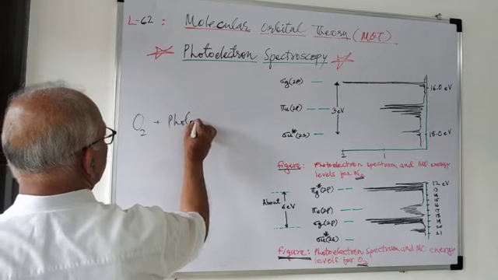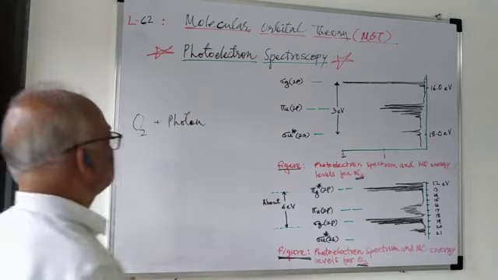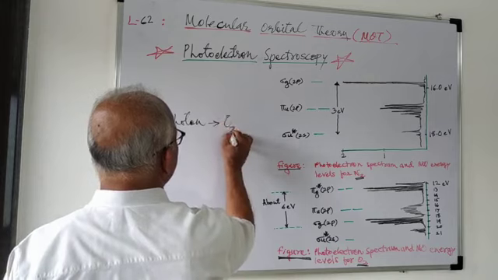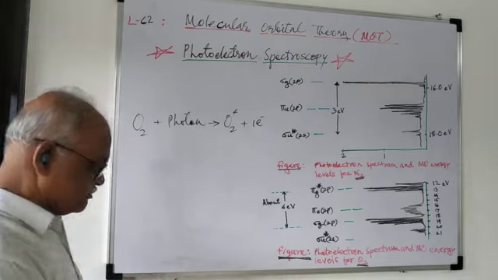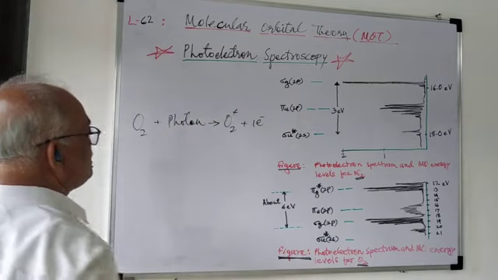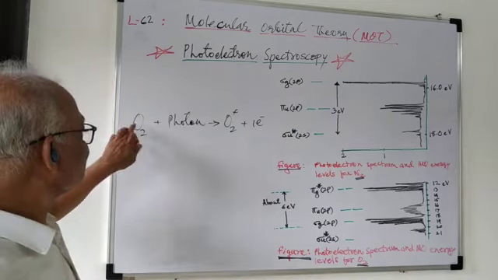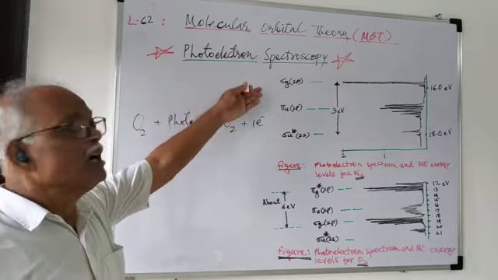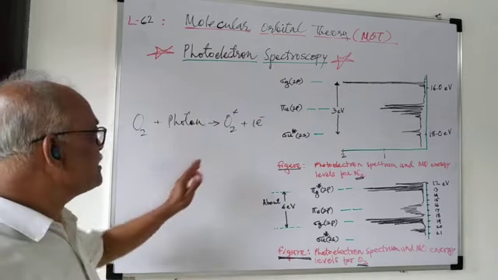interacted or irradiated with a photon of suitable energy, it gives us the O2 plus, that is the molecular ion, plus one electron removed. Here this photon has certain energy, and when it strikes this oxygen molecule or any molecule, it removes the valence electrons or outermost electrons present in the molecule.